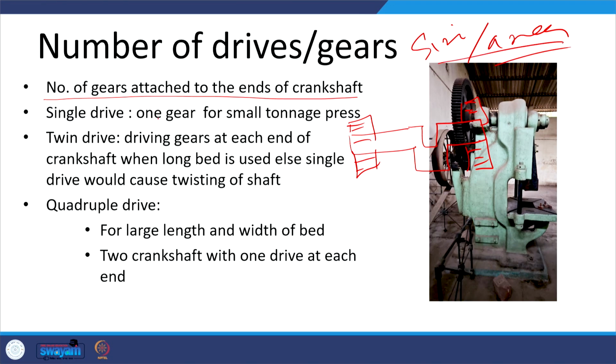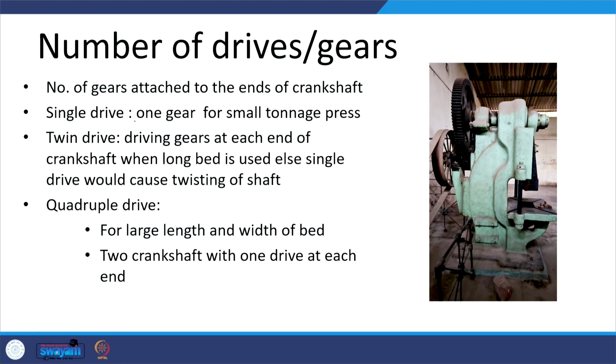In the single drive system, the gear for delivery of the power to the crankshaft is on one side. In the single drive system, one gear is used for small tonnage presses, where the power is delivered from one side of the crankshaft.